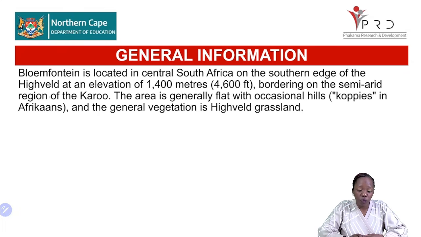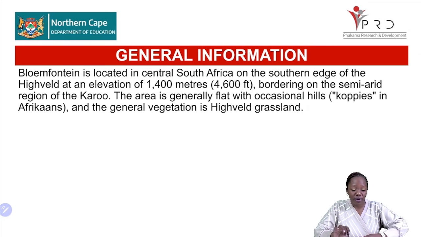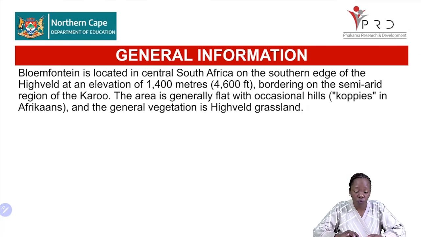So if we go through our general information, it says Bloemfontein is located in central South Africa on the southern edge of the Highveld at an elevation of 1,400 meters, and also bordering on the semi-arid region of the Karoo.